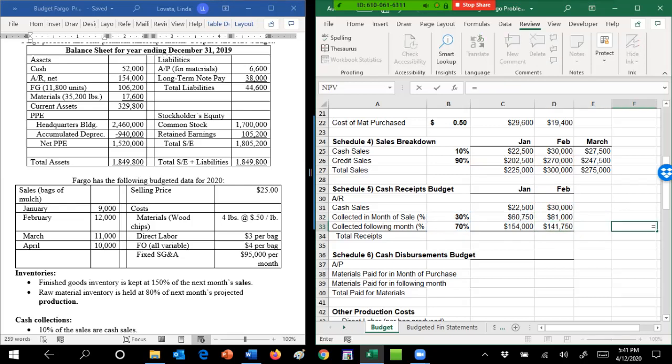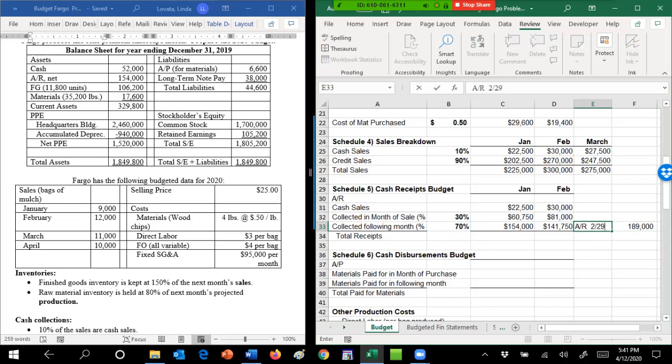And then the 70% times those 270 will show up in that next period. So that 70%, if you think about it, is going to be your accounts receivable at the end of February.